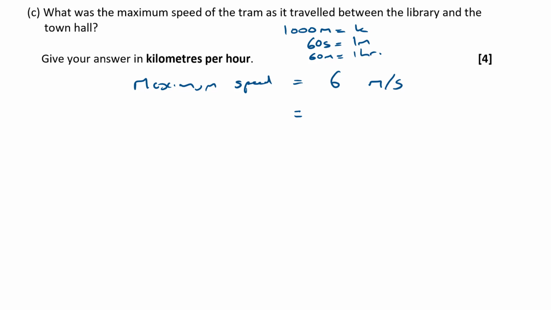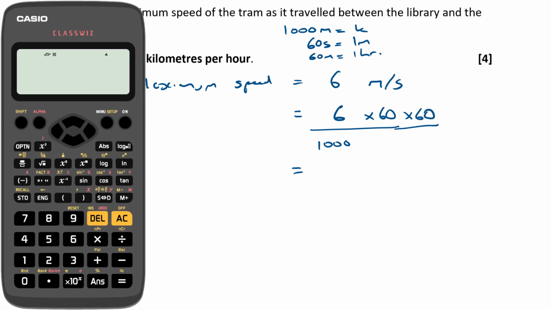So if we're going to convert this from meters per second into kilometers per hour, we're going to have to take that 6, divide it by 1,000 to go from meters into kilometers. We're also going to have to multiply it by 60 to go from seconds to minutes, and then multiply it by another 60 to go from minutes into hours.